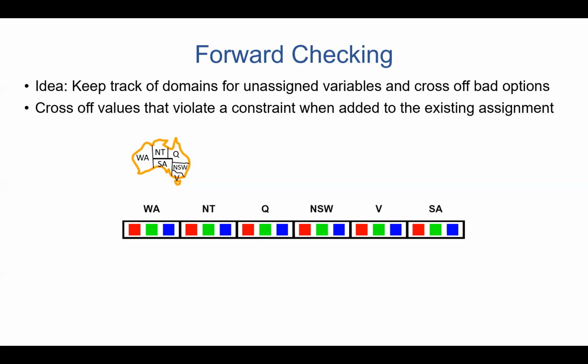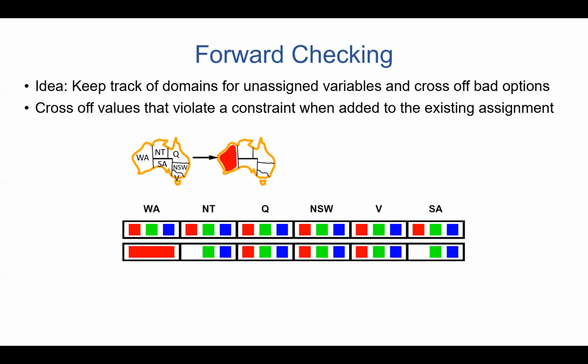Something like this. Now suppose that you start with an empty map, right? You start with an empty map, you make an assignment, something like this. You assign the color red to Western Australia, right?